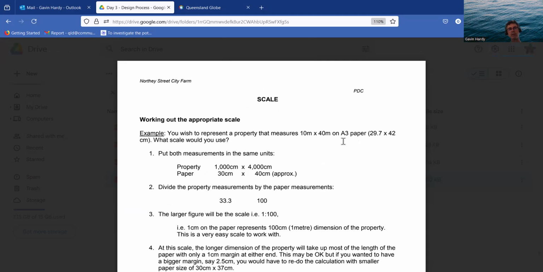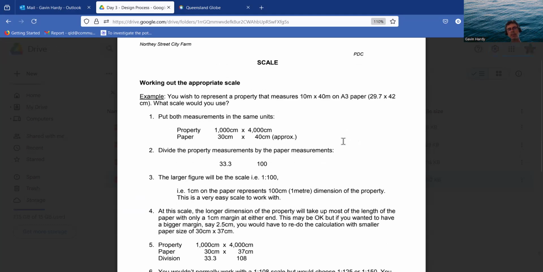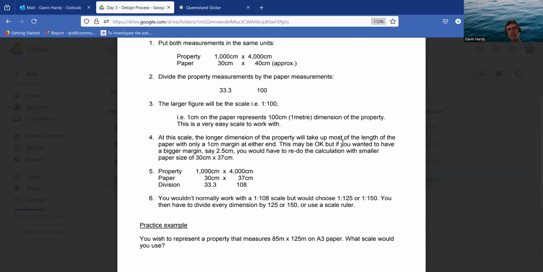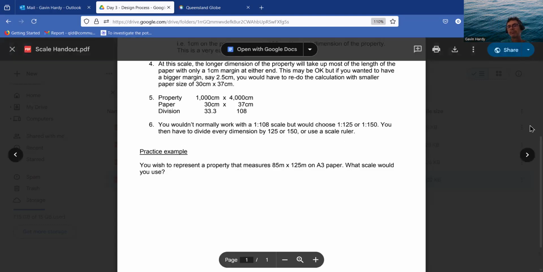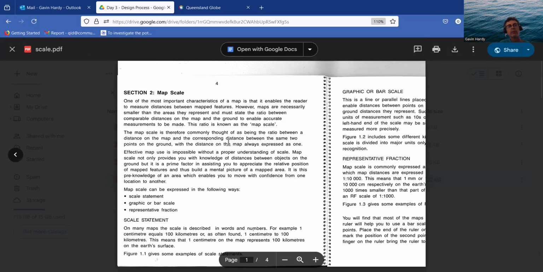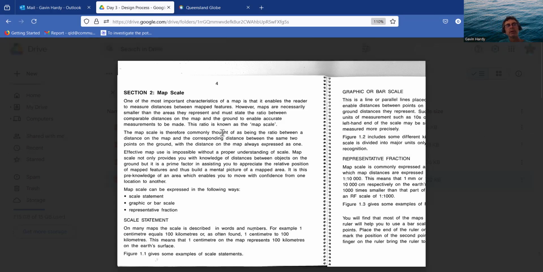Here's another example, so let's have a look at that. Okay. And there's a practice example that you can have a go at as well. So have a go perhaps and give me some feedback, see how you went with that little exercise. All right. And then this document is also on the day 3 online resources.